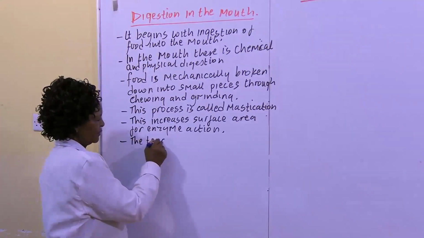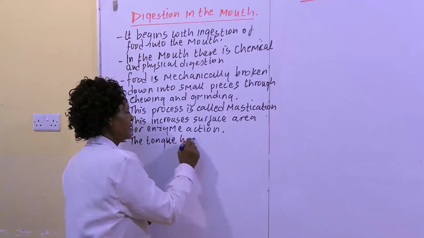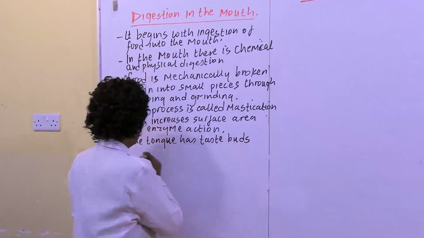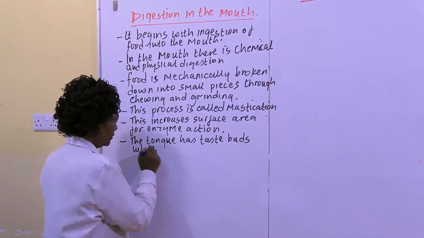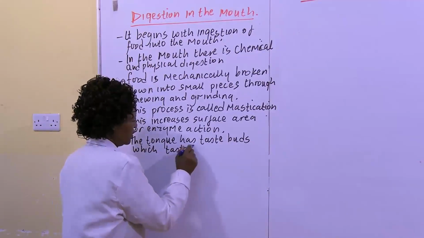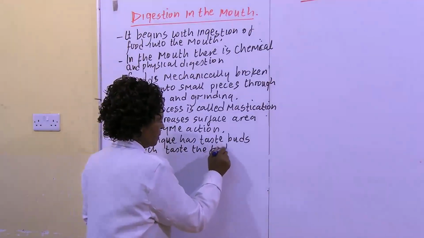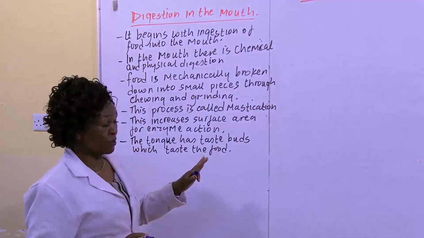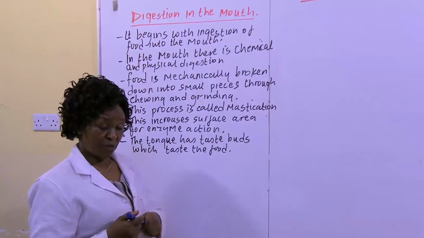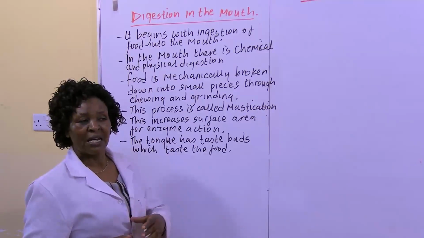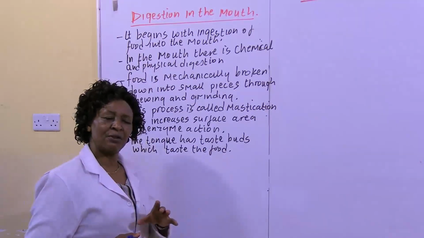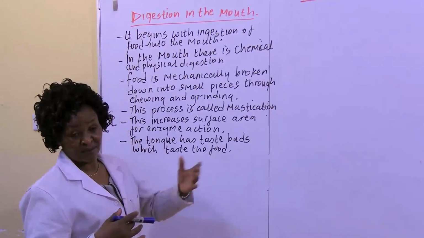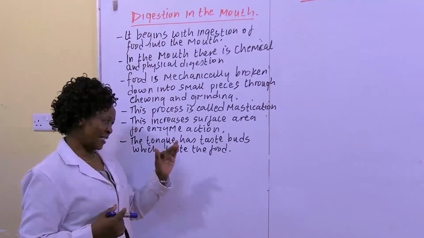That is what enables you to know whether the food has enough salt, the tea has enough sugar, and the various types of taste: sweet, sour, and many others.